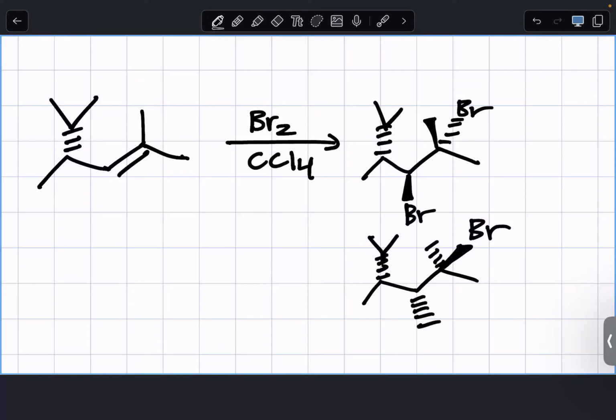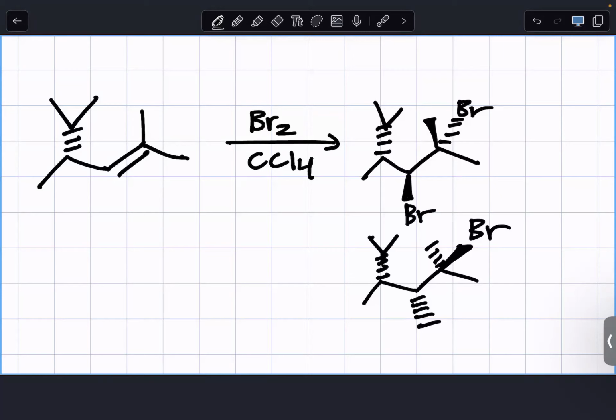Okay, so what are these molecules in relation to each other? Are they identical, enantiomers, or diastereomers of each other? Diastereomers, right? Because these 2 chiral centers here are flipped, but that chiral center right there stays the same. So this is relative stereochemistry because the only thing that reacted is this alkene right here. Nothing touches this carbon in the mechanism, which we will go over.